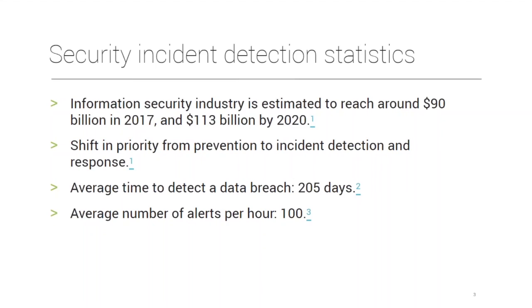Finally, another study by the Ponemon Institute found that on average, a large enterprise received about 17,000 alerts per week, which translates to roughly around 100 alerts an hour. So this naturally causes a lot of alert fatigue, and it isn't practically possible to investigate all of these alerts in a timely fashion.